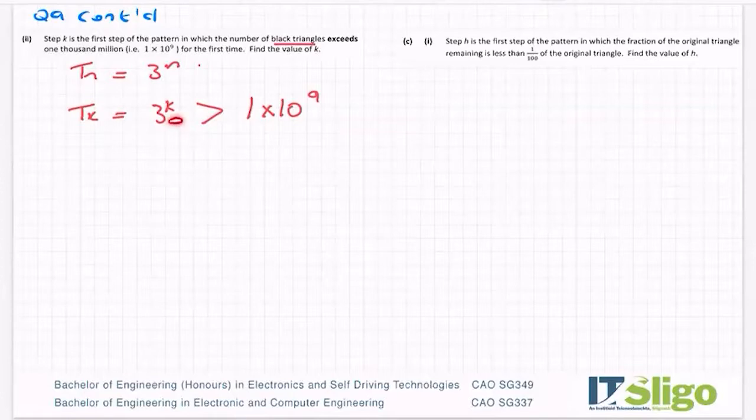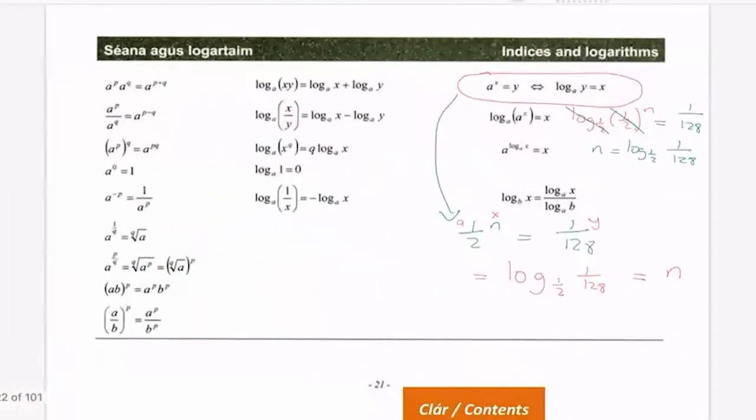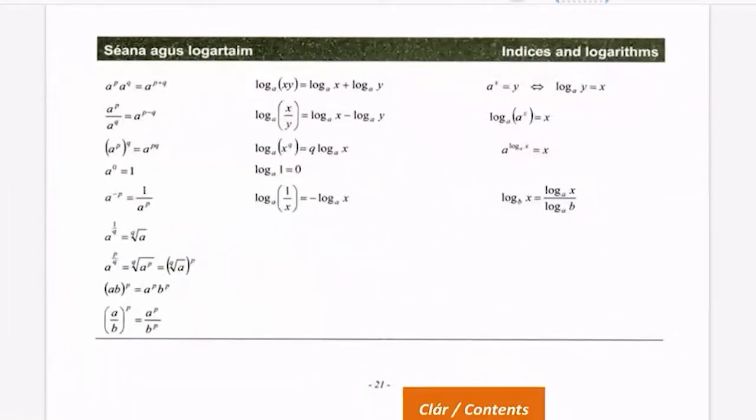Because what we need is in the power, you need to invoke logs. So we can use either of these two rules here, the switch, or this one here. Again, 3 to the power of k was 1 by 10 to the 9. I could use this rule, which tells me that if I match the base number of a log to my base number here, these will cancel and I'll just be left with the power.